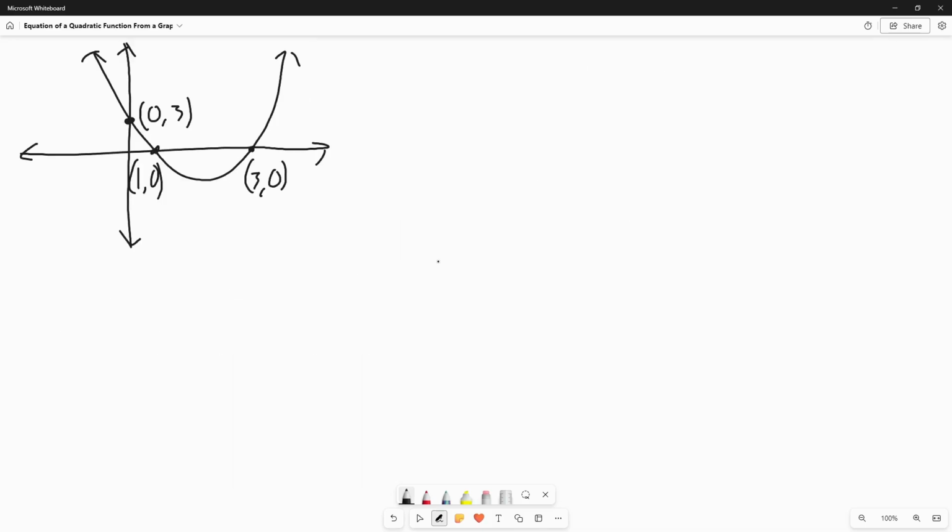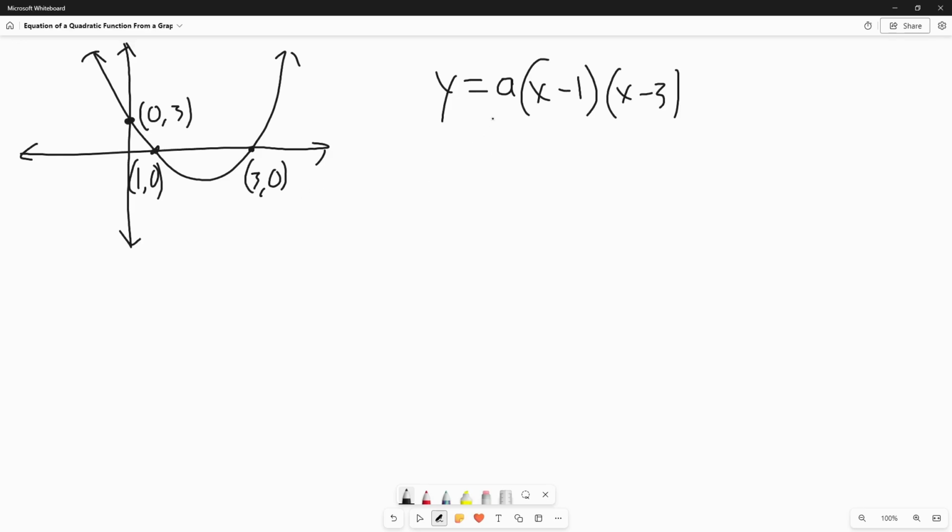Now let's do another practice problem. In this one, we're given both of the zeros and we're given the y-intercept. So if you think you can find the equation from this graph, then pause the video and try it. But what we can do here is plug these zeros into the factored form for a quadratic. So y equals a times (x minus 1), because 1 is a zero, and (x minus 3), because 3 is a zero.